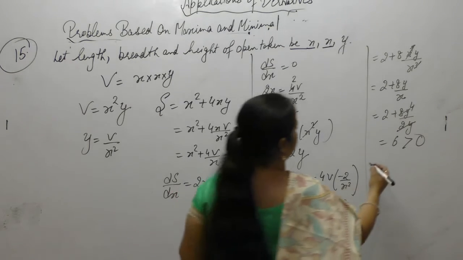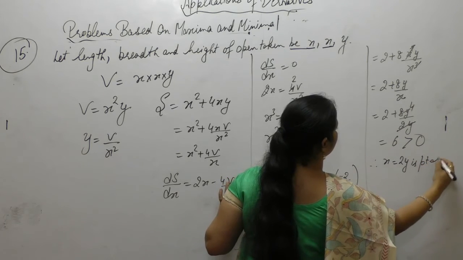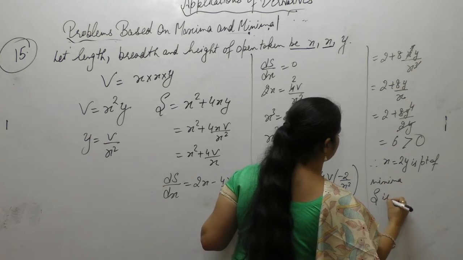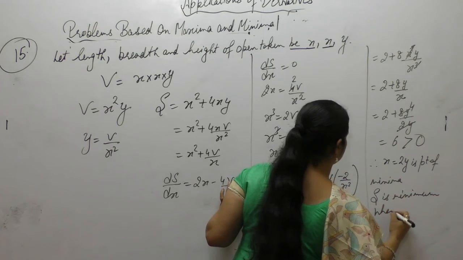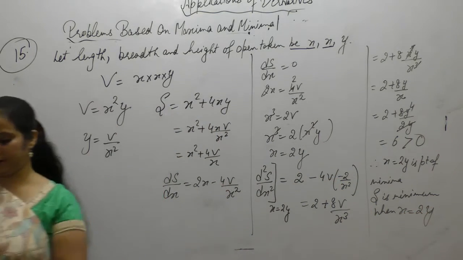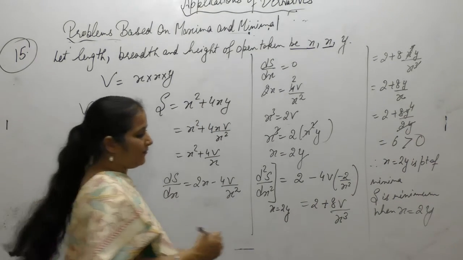Therefore, x equals 2y is the point of minima, or S is minimum when x equals 2y. That is, the height we took is y.